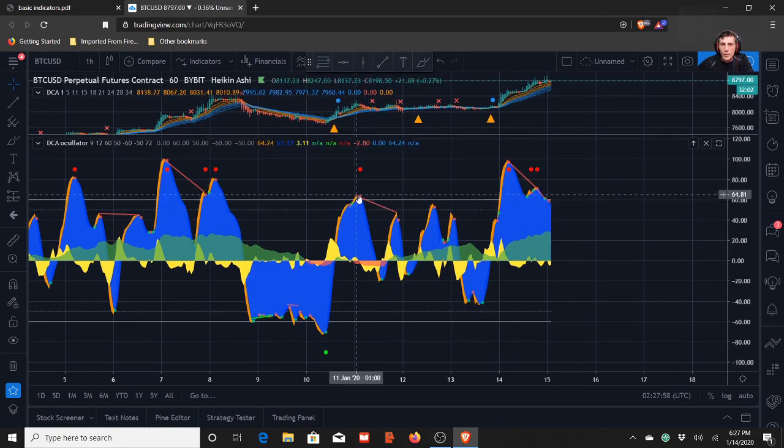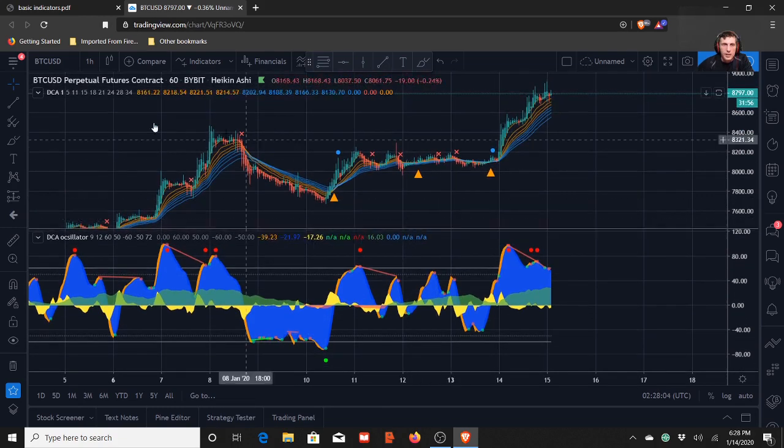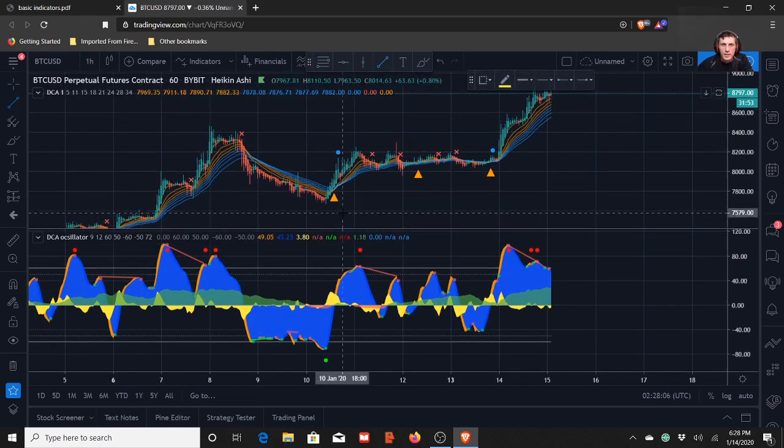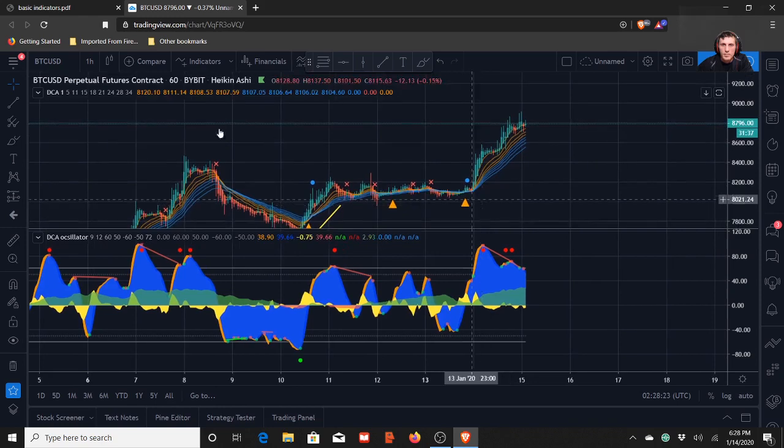This is when our oscillator is moving down but our candles are moving up. That's a bearish divergence. Let's see, I'll mark it out for you here. Candles going up. Candles going up.